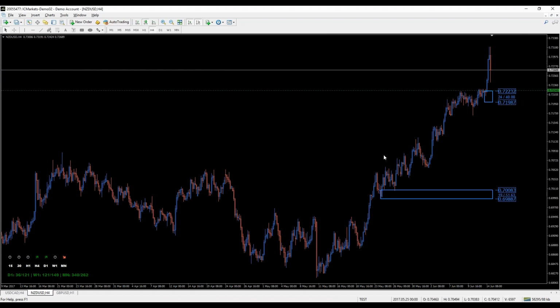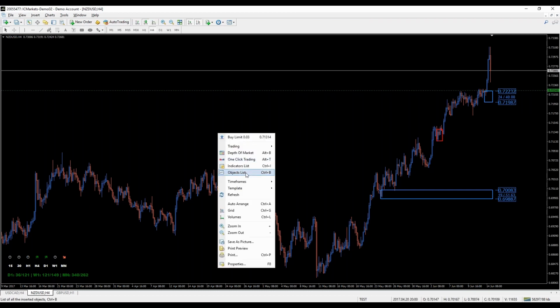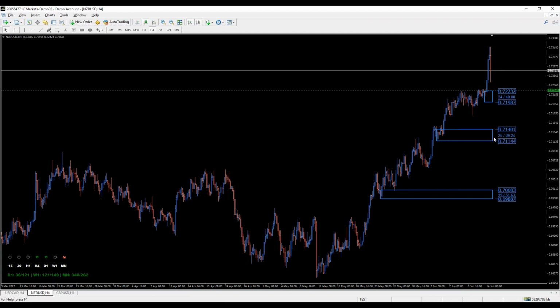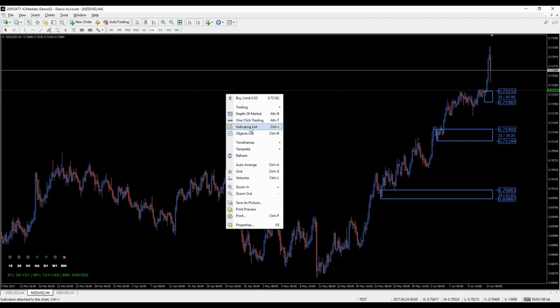And here we have 51.63. So this simply enables you to calculate the size of your positions based on the rectangle size, so the size of the stop. You see here we have 25 pips. This enables us a position size of just over 39 lots. So it's a really handy tool that we have available to us.